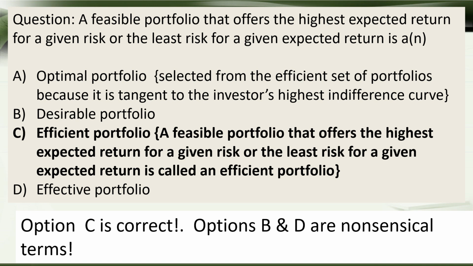And options B and D are nonsense because there is no such thing as a desirable portfolio. I like whatever I like, I do. There is no such thing in intelligent business management. And an effective portfolio also is not that. It is only the efficient portfolio that becomes effective, so that is different. They are nonsensical from the technical point of view.